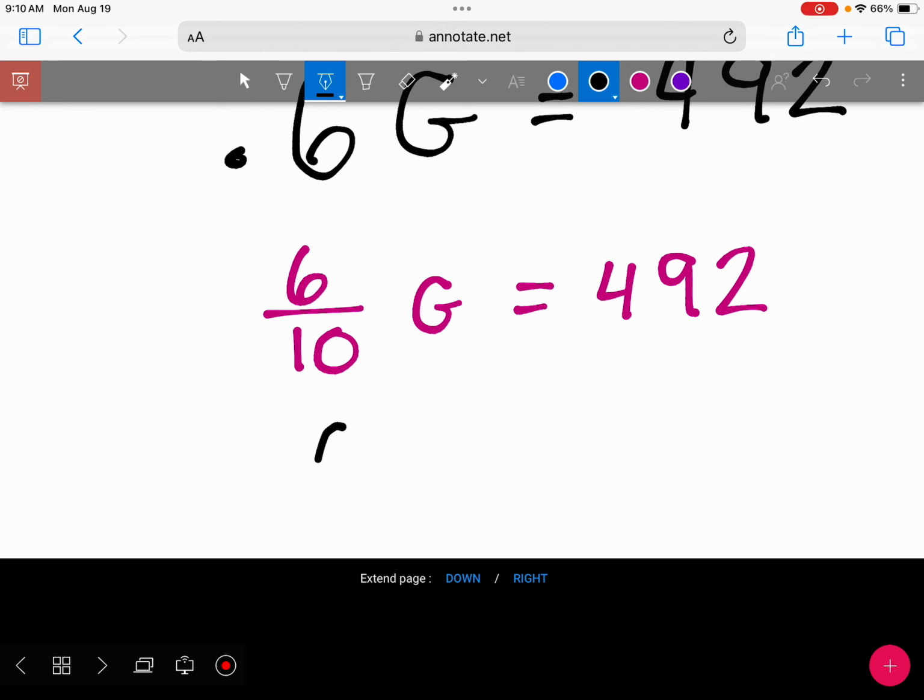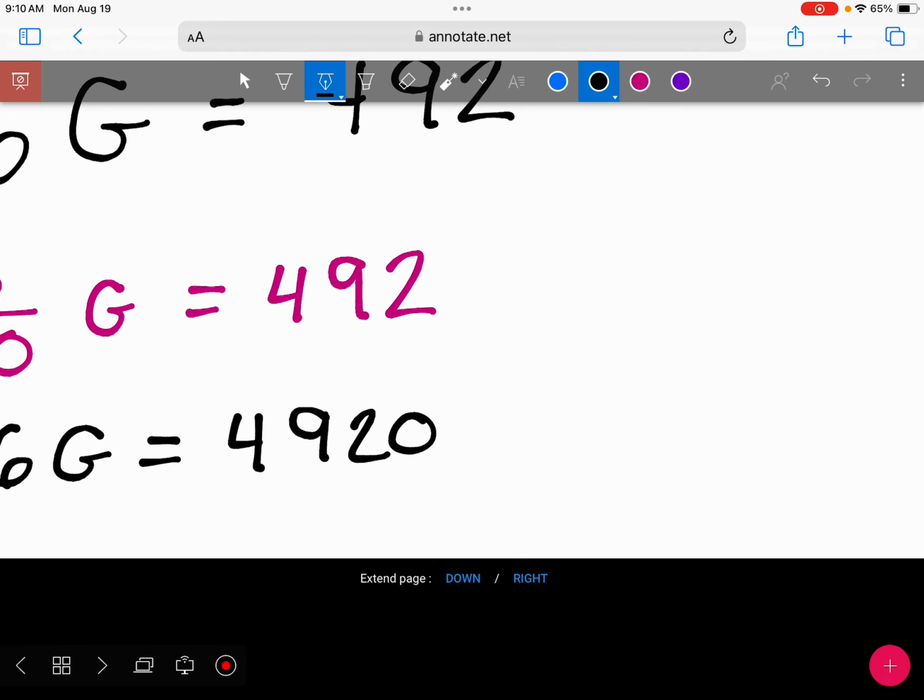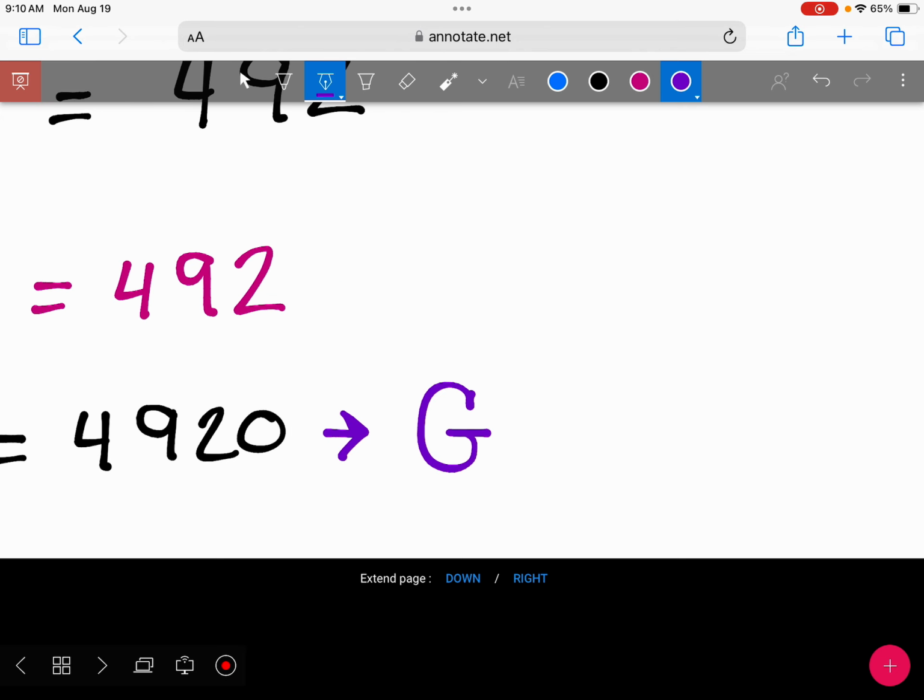So we know 6G, whatever our gross is, equals 4,920. Right? It's a little bit easier sometimes to do it when it's whole numbers than when it's as decimals. Because now we need to divide by 6. So our gross pay, G, was $820.